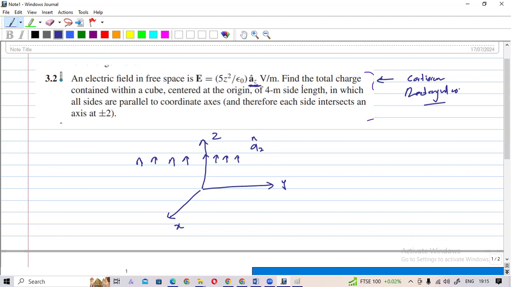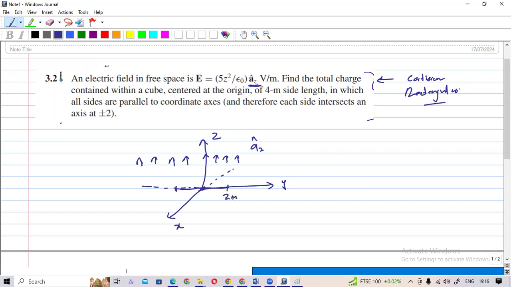Find the total charge contained within a cube centered at the origin of 4 meter side length. Center at the origin, 4 meter side length. 4 meter side length means like this, no? 4 meter from here to here.